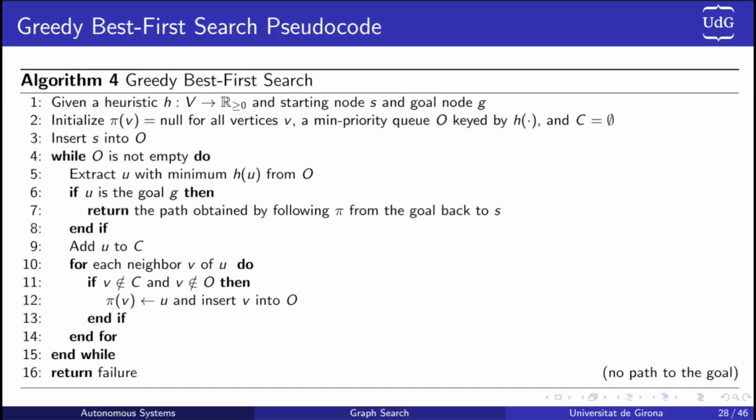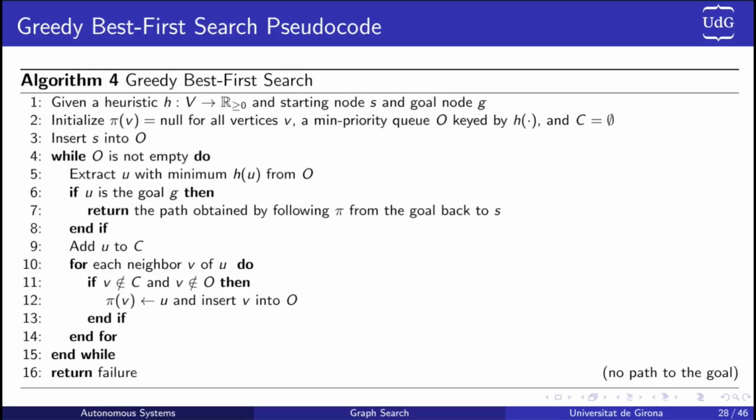Then we extract this. If it's the goal, that's all. We can reconstruct the path using pi from this node. Let's see which is the pi of this node, and go to another vertex, which is the pi of this vertex, and go to another vertex until we reach the starting node, sorry.